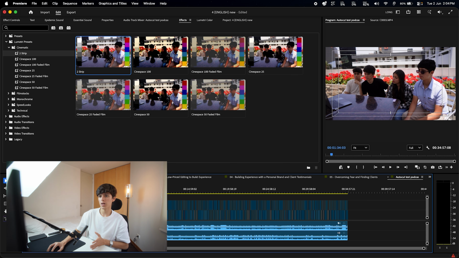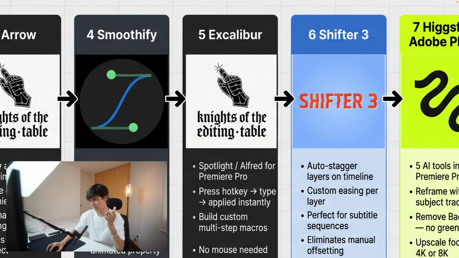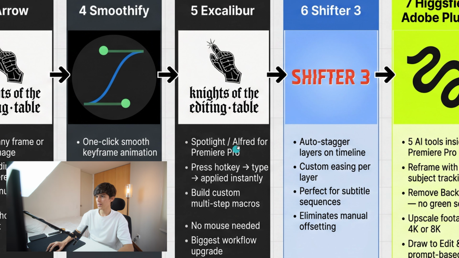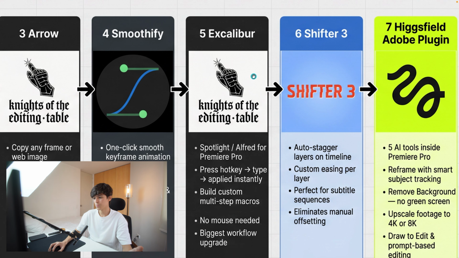So you don't have to go into the folder and drag the LUT. You can do it with basically your keyboard, okay? This is very handy for these types of situations. This tool is paid. I think it's a one-time payment of 120 bucks, but yeah, it's very useful.